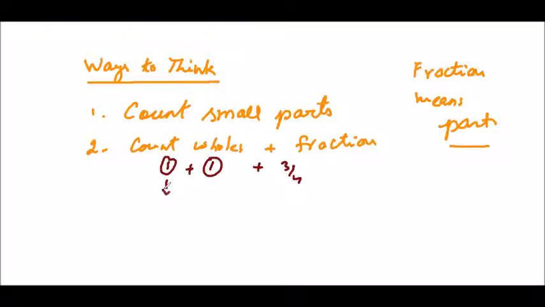Whole means 4 small parts, 4 small parts, and then 3 parts. We total have 11 parts. In both cases we get the same answer. And if we count directly small parts, even then we get 11 small parts. 8 part 1.